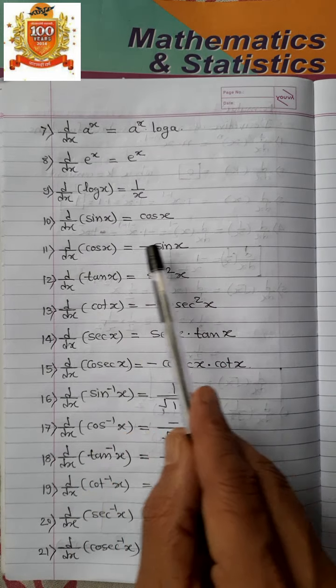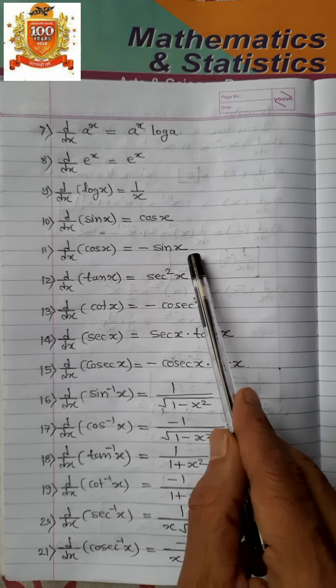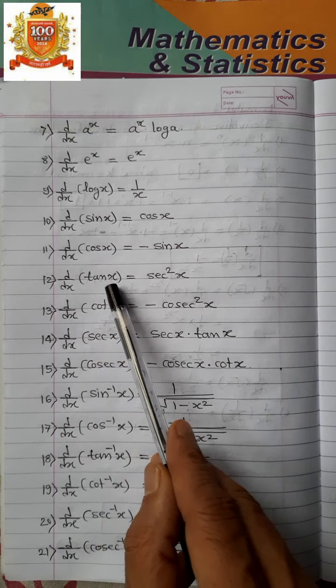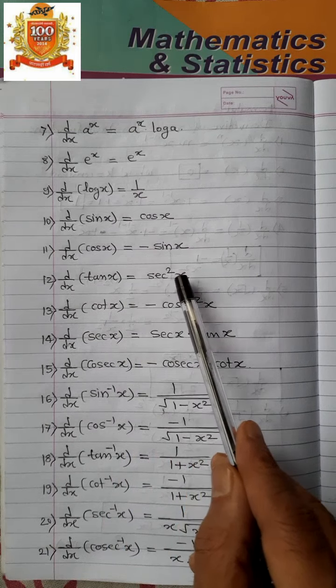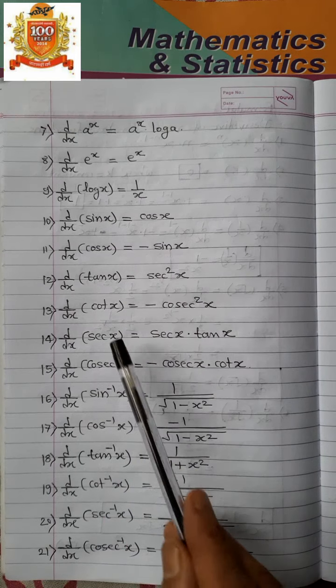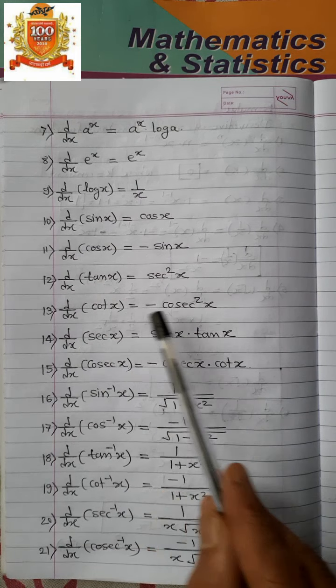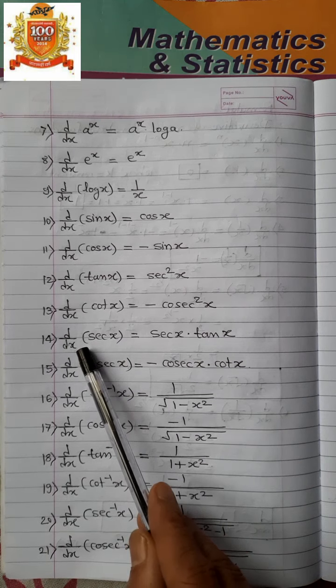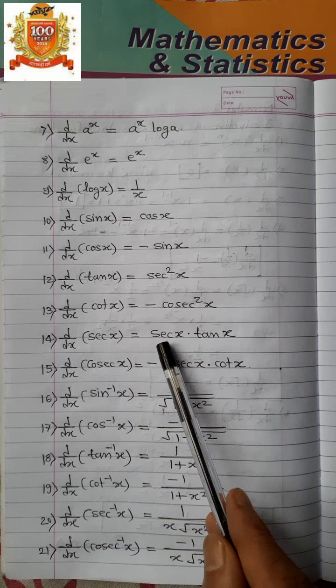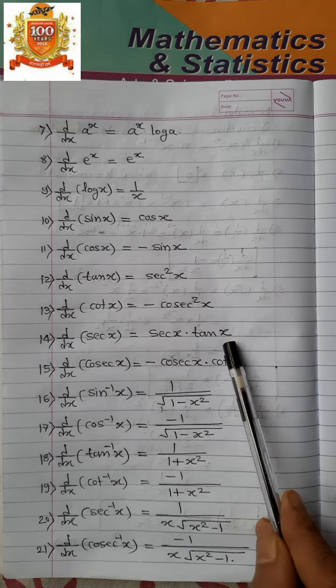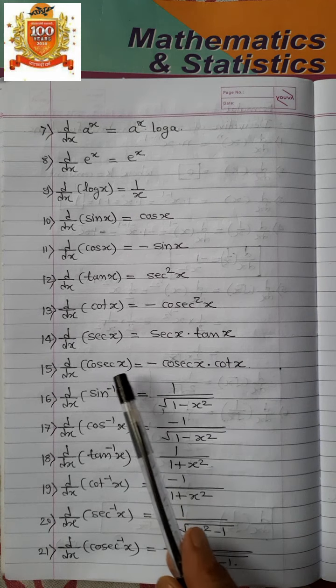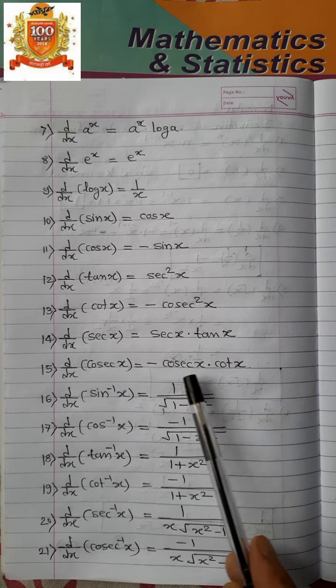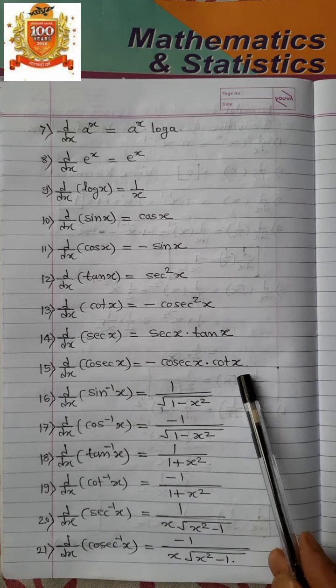Derivative of cos x is minus sin x. Derivative of tan x is sec square x. Derivative of cot x is minus cosec square x. Derivative of sec x is sec x into tan x. Derivative of cosec x is minus cosec x into cot x.